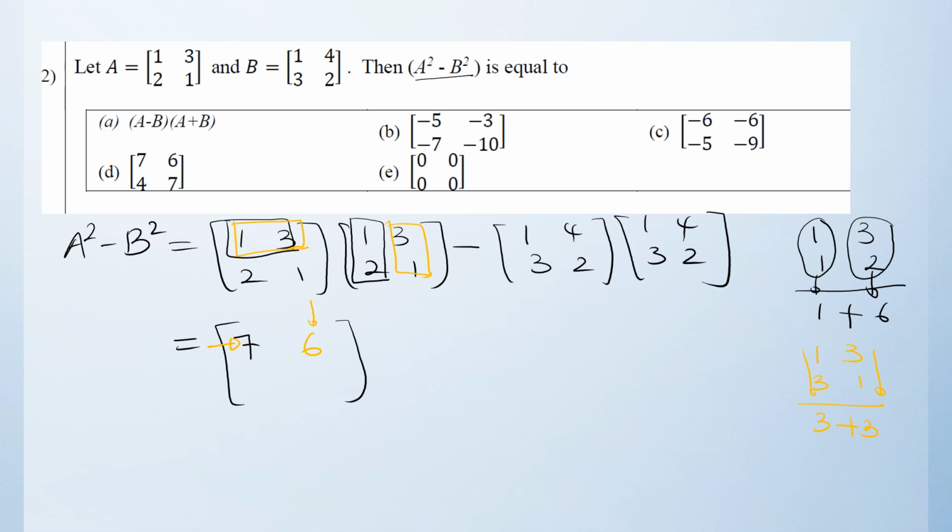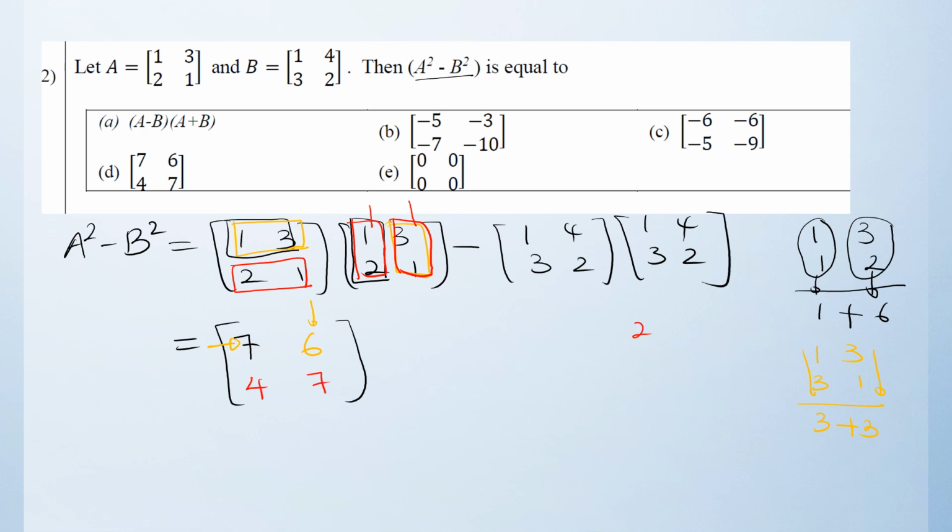Similarly, you can find the multiplications between the second row with the first column and the second column to find the second row elements of the resulting matrix. In the same way you will get 4 and 7. Why?